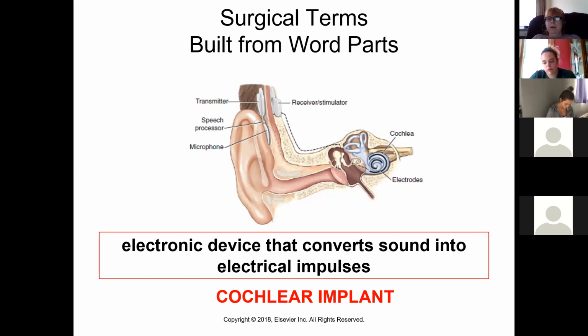Now, with a cochlear implant, they usually don't hear completely clearly, but since it's converting sound into electrical impulses, it's almost bypassing the cochlea. They put the electrodes into the cochlea, so it's basically a cochlear transplant, but they don't remove it. They just add to it, is the way I can describe it.